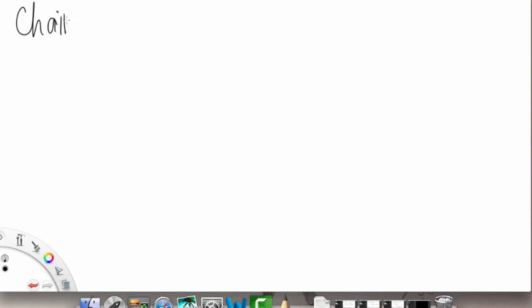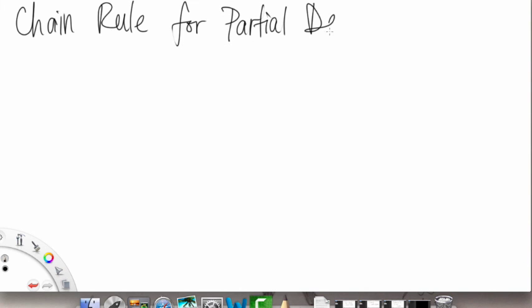This is called the chain rule, not for normal derivatives, but this time for partial derivatives. So let's set it up a little bit.